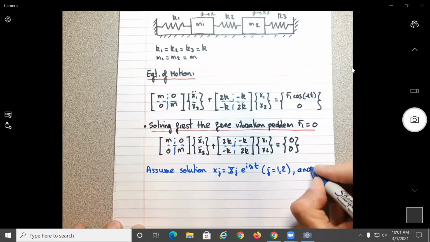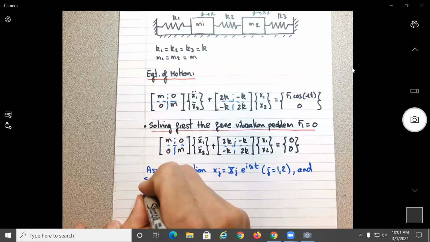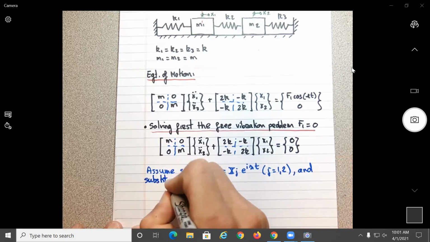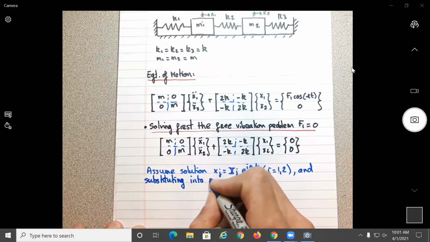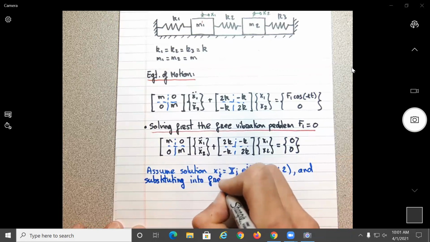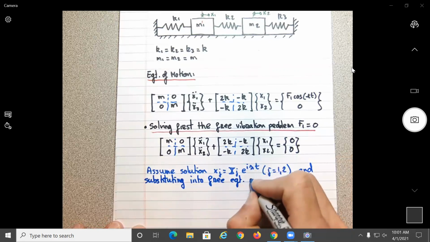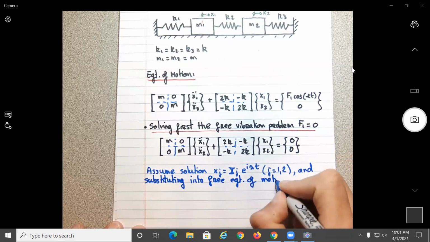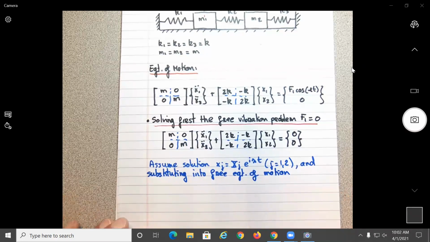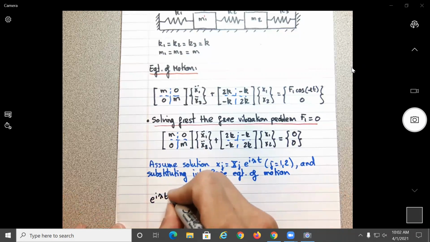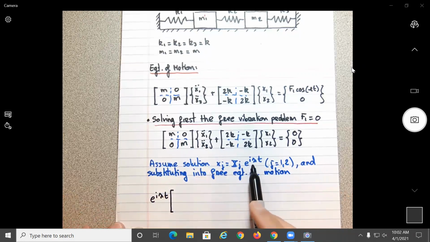And substituting into the free equation of motion, so basically into this equation here, it's always the same thing. We can factor out e^(i lambda t). After you take twice the derivative of this, you get i squared, which is minus 1.